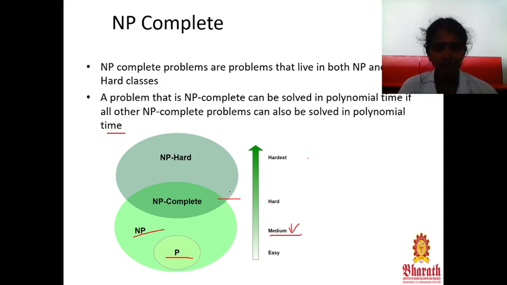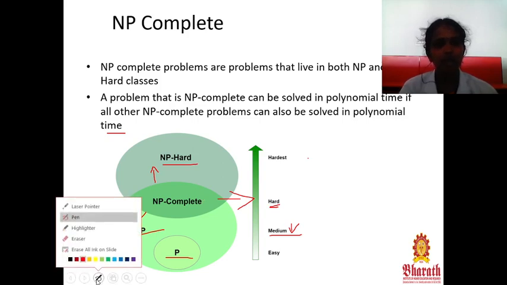Next is the NP complete problem. An NP complete problem is a decision problem, somewhat tougher. It is not easier than NP and it is not harder than NP hard. It lies between NP and NP hard. This intersection point is NP complete, somewhat hard. Next is the NP hard problem.